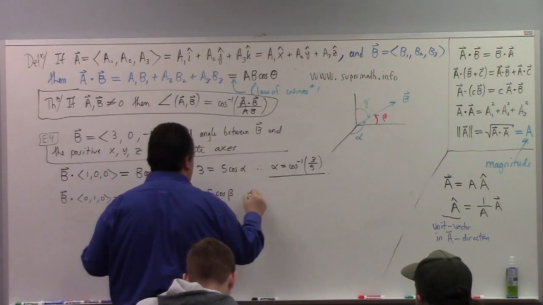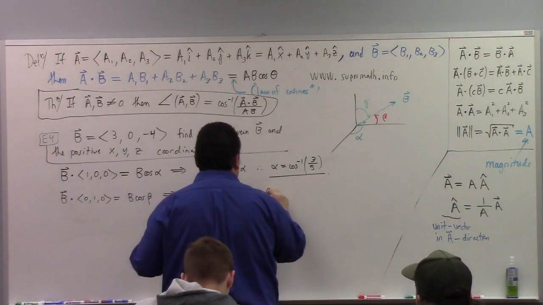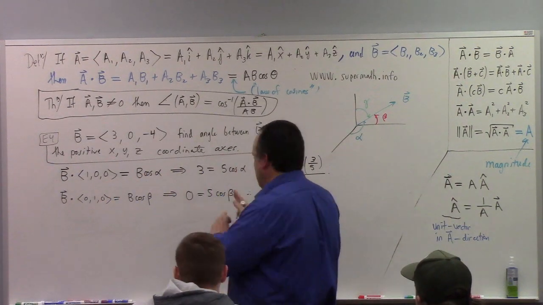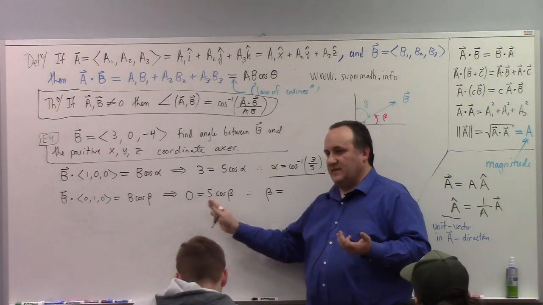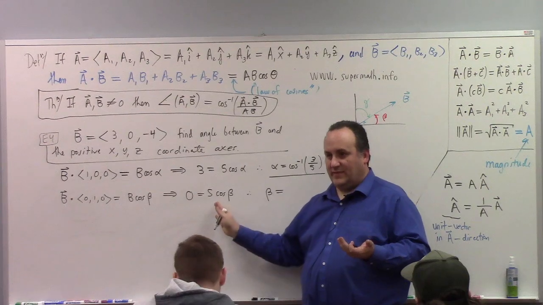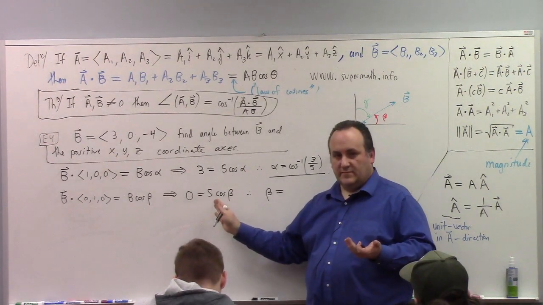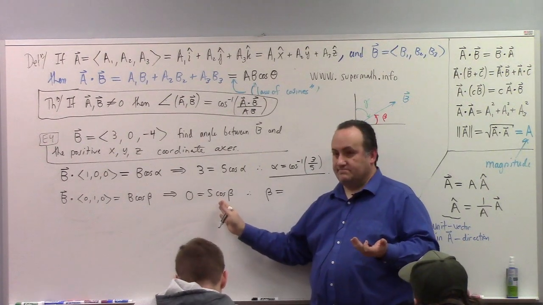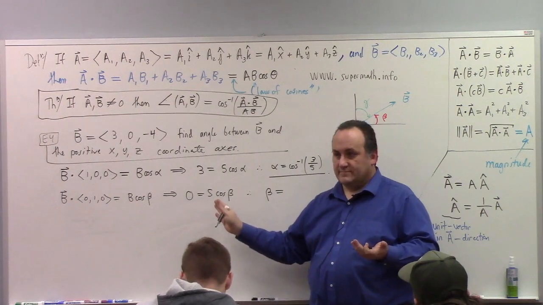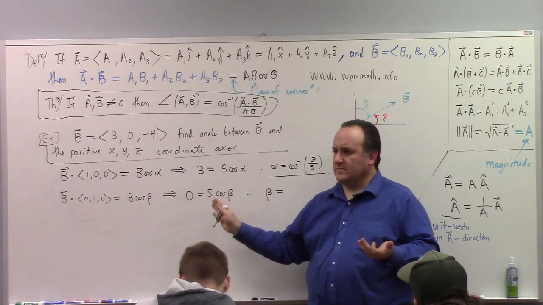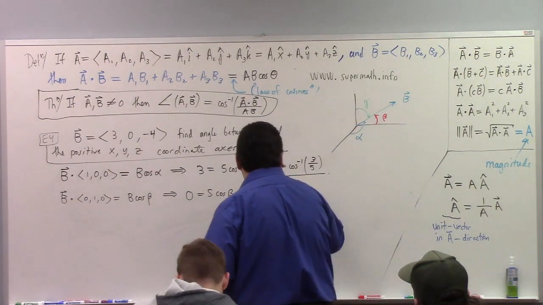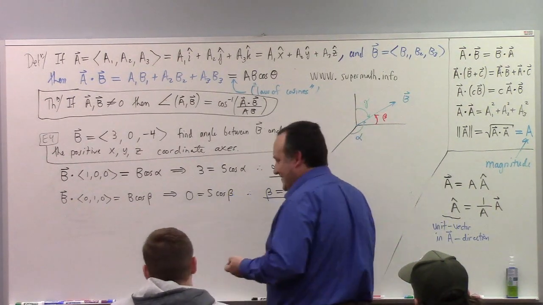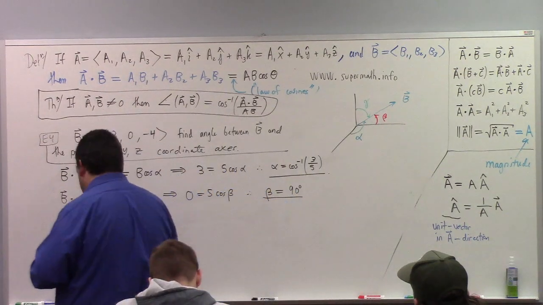I don't need a calculator for that. If 5 times something is 0, it means the cosine of beta has to be 0. So this makes beta equal to what? Aren't you guys engineers? 90. Okay, yeah. So yeah, talk a little smack, shake you from your slumber.